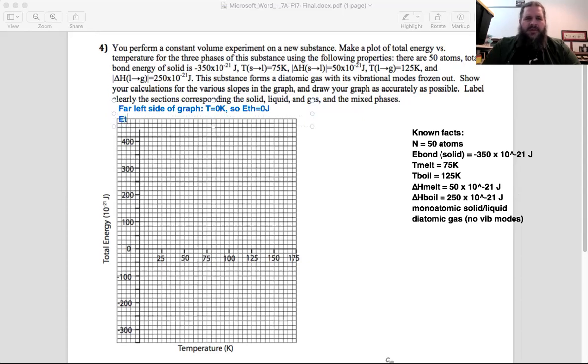Because remember, thermal energy can be thought of as, well, one way to write it would be MCT. If temperature is truly 0 kelvins, then there's no thermal energy at all. Which means the only energy we have is what? What's the only type of energy this would have at absolute 0?